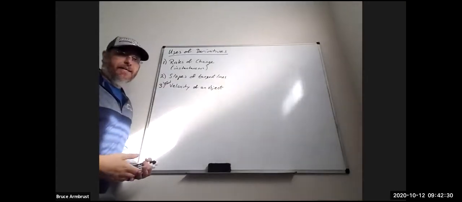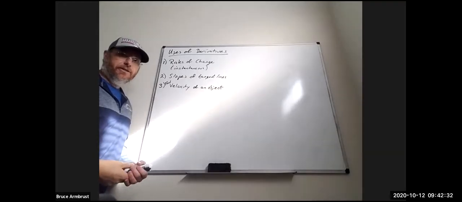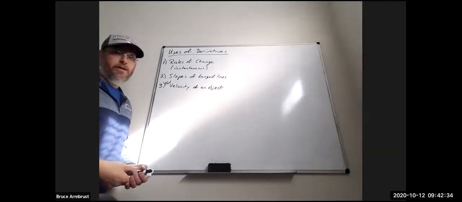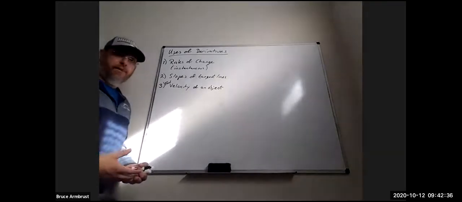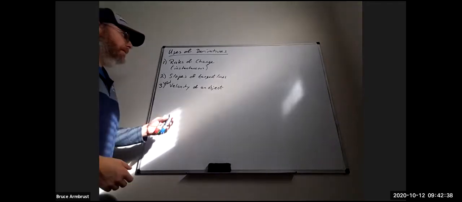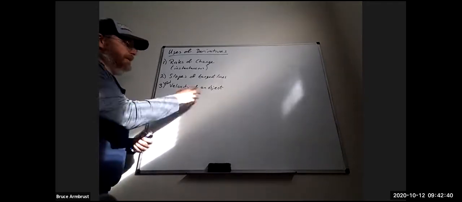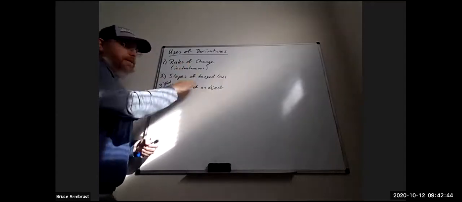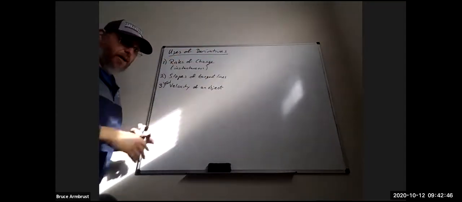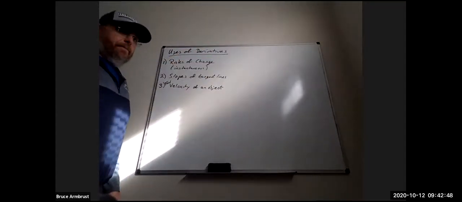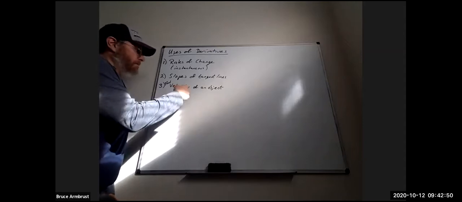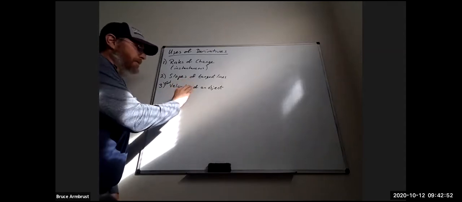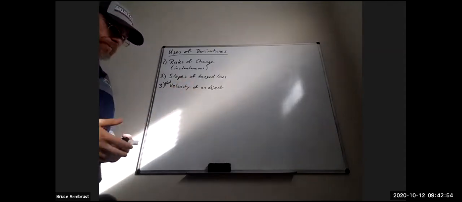Now, velocity is a specific rate of change. It's a change of position in terms of time. But it's such an important topic that it kind of gets its own line here, right? Rates of change is really like a broad general topic, but this allows us to go a little more in depth in this one very specific thing.